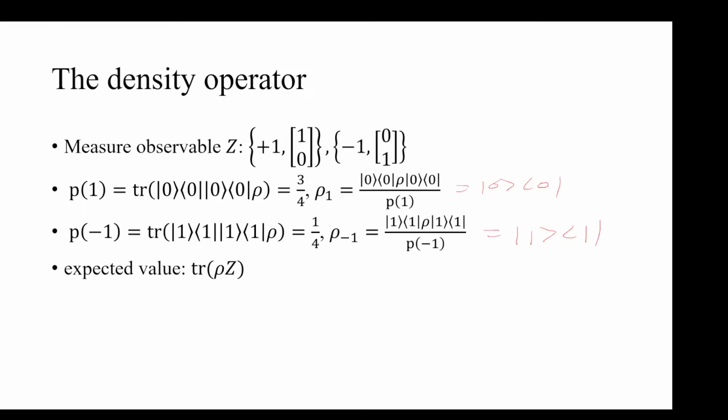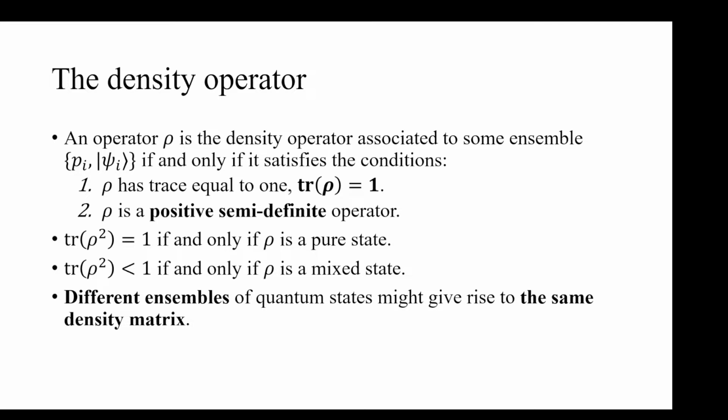Okay. And then we also have the reduced density operator. Okay, so this is the wrong slide. More about the density operator: we have a theorem saying that a matrix is a valid density matrix if and only if it satisfies two conditions.